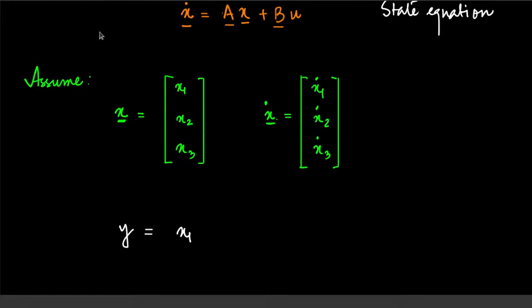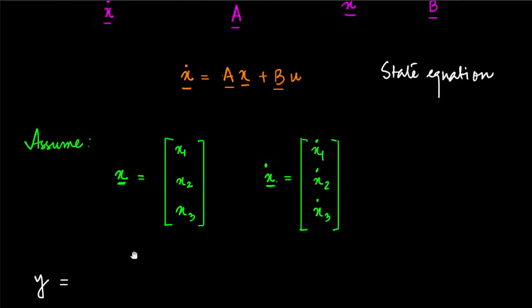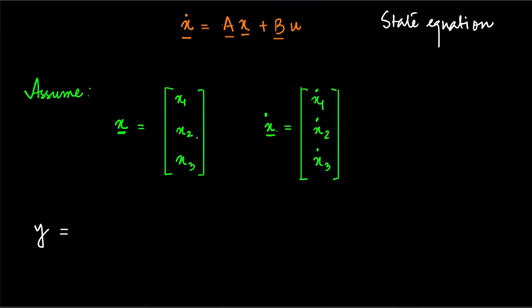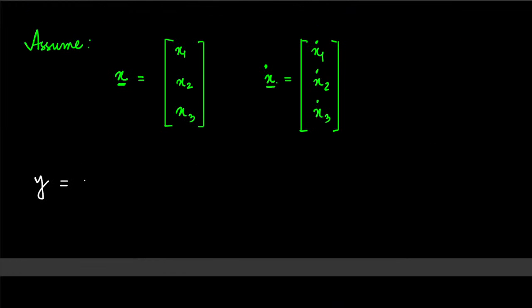So we don't just write output as x1, because writing this way is not a feasible option, since I have to use these particular variables, the state variables. So output is just x1, but we write it as 1 x1 plus 0 x2 plus 0 x3.